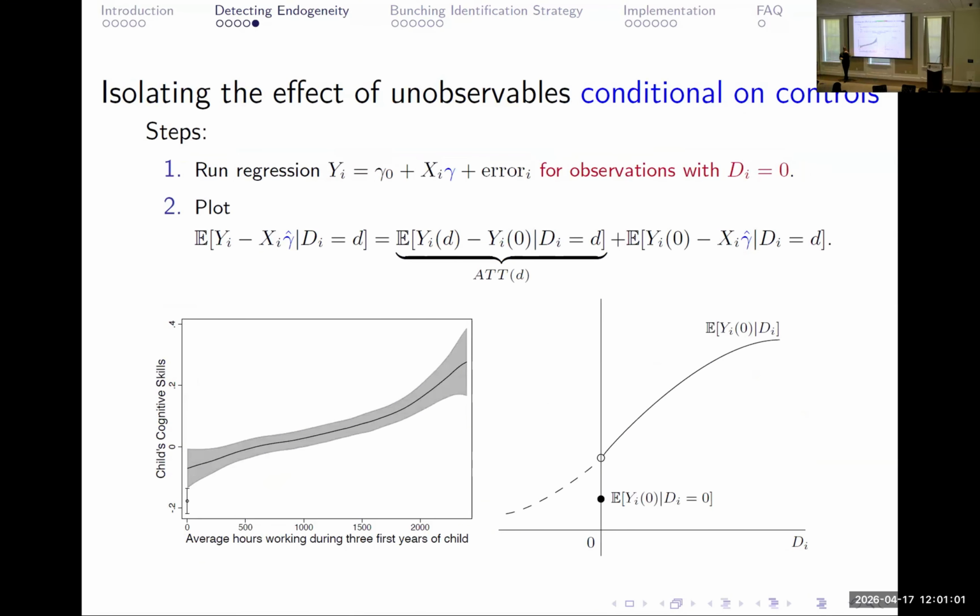In fact, this tells me there's something interesting here. The slope speaks to the selection on the positive side, how controlling for covariates reduces the selection.